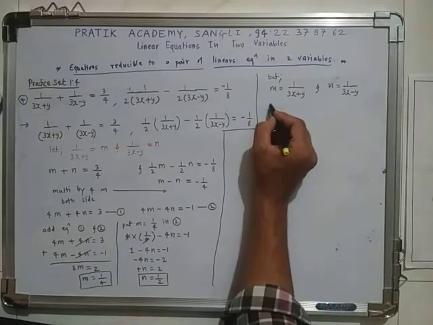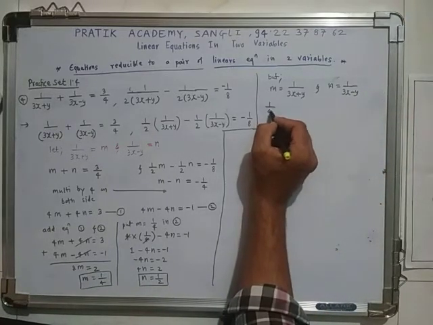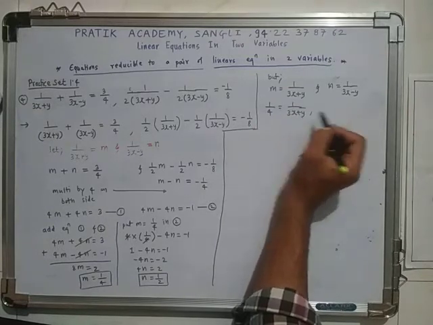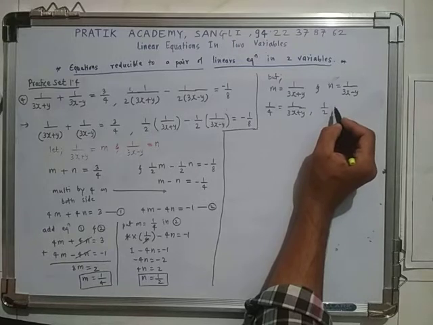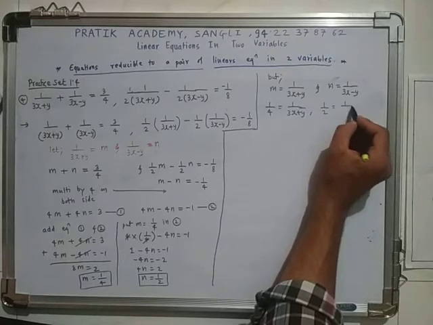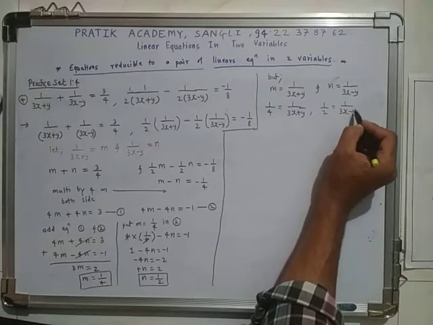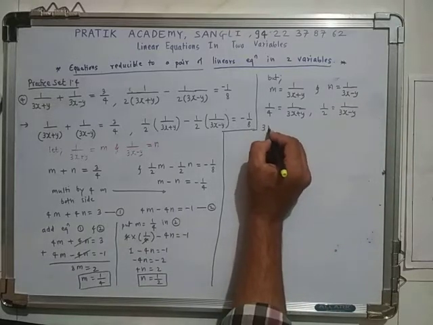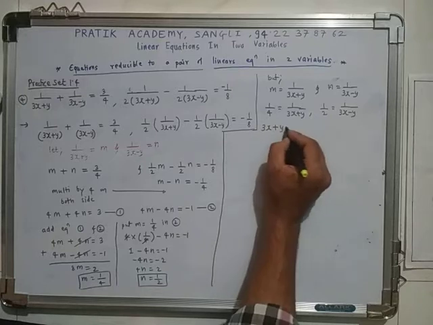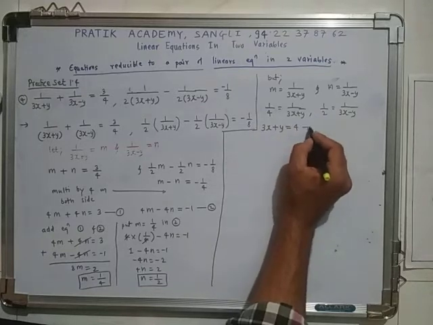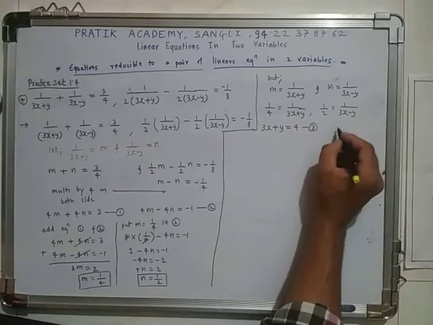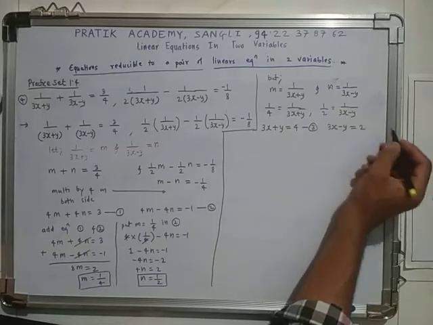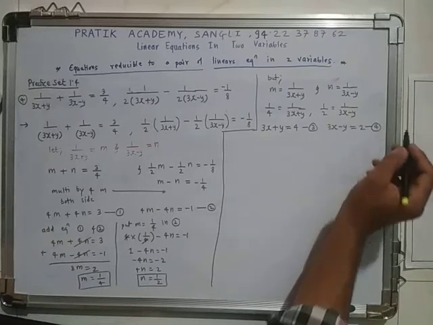So put the value of m as 1 upon 4, that is 1 upon 3x plus y, and 1 upon 2 for 1 upon 3x minus y. So take a reciprocal, and I will write directly 3x plus y is equal to 4, call this equation 3, and here 3x minus y is equal to 2, call this equation 4.